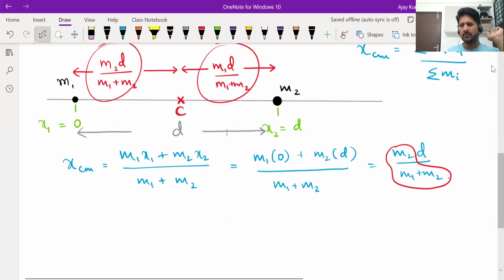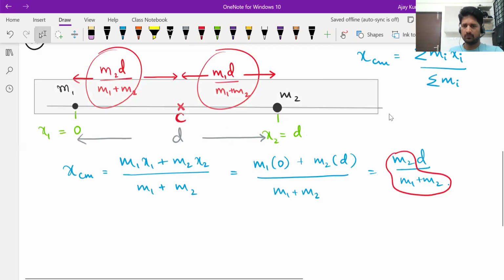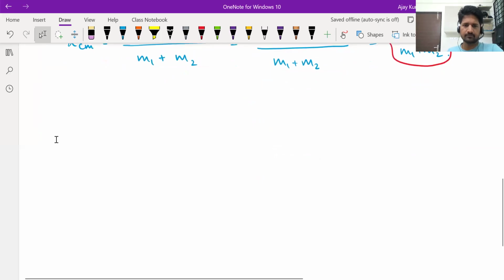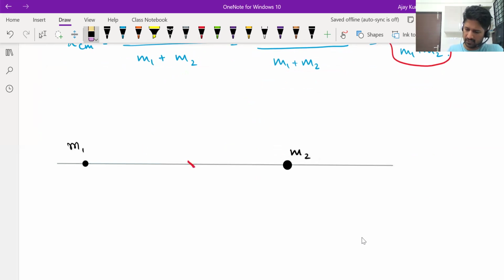Fine. Now some of you may be thinking, we took one of their x coordinates as 0. Maybe that is why we got this result. How can we say this is true in general? Okay, so let's solve one problem to clear that. We'll verify if it is true in general or not. Let's take some values now.